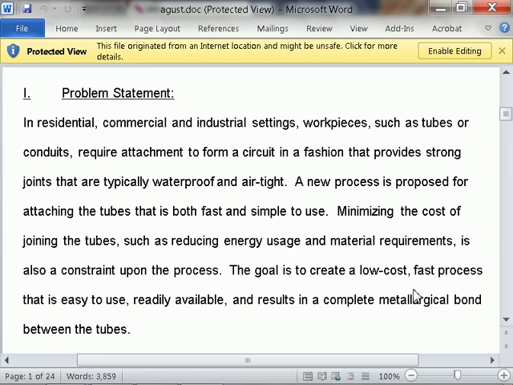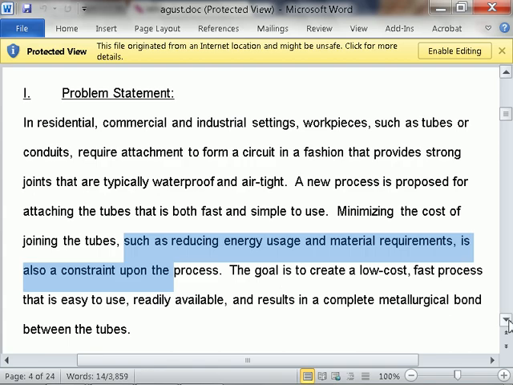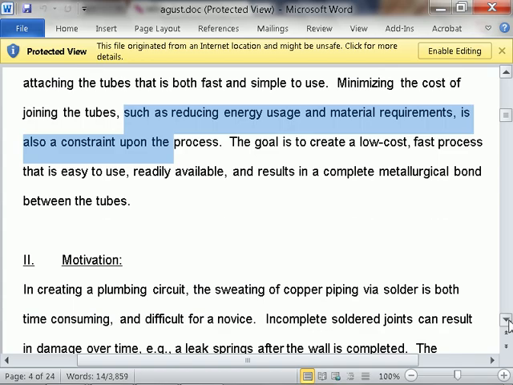So the goal is minimize cost of joining tubes, and then such that, and here's this constraint, we're going to reduce energy usage and material requirements and make a good bond. Right? So how do we do that? And the motivation, right?